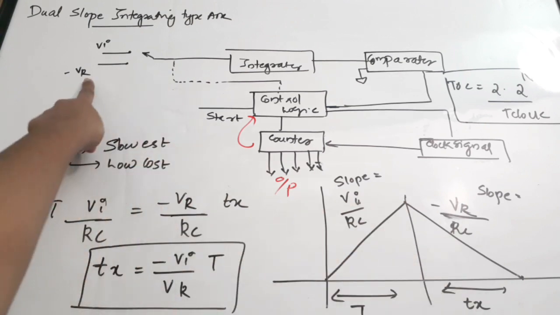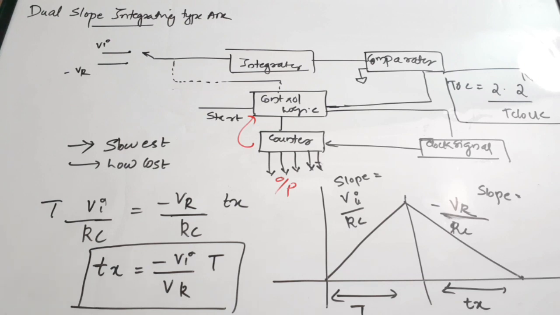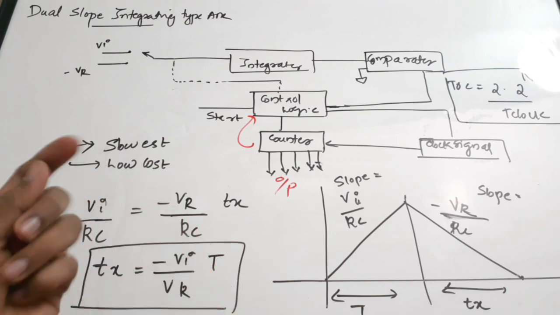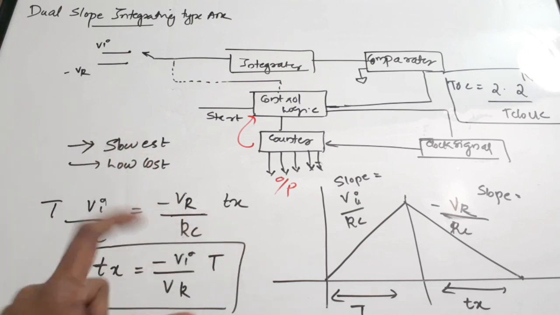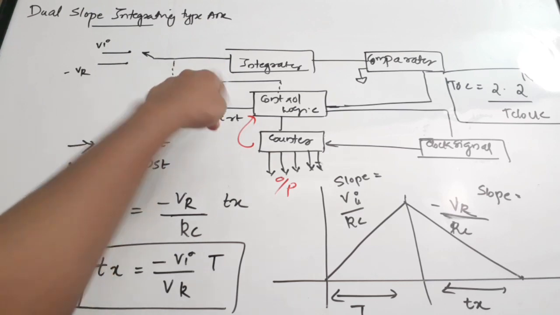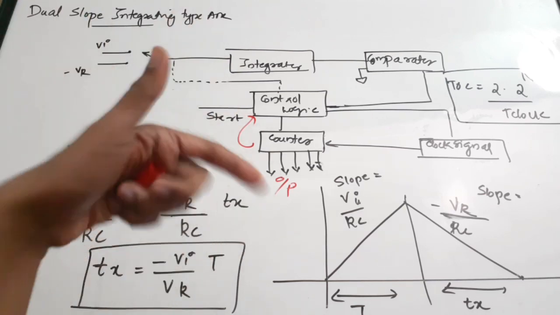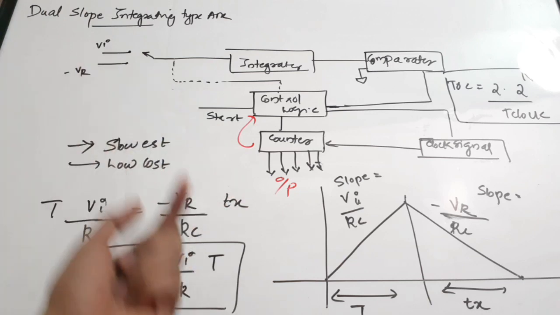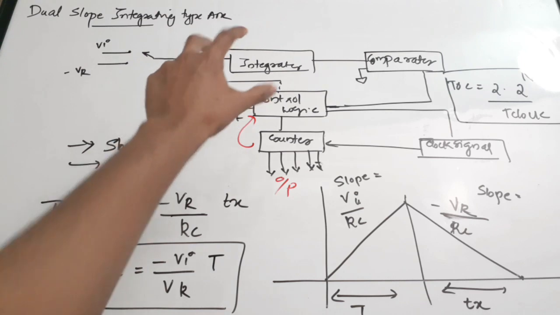You know that in an integrator there is a capacitor. So the capacitor gets charged and discharged. When it is connected to minus Vr, discharging actually happens in the capacitor present in the integrator unit. So the charge will get removed and make the charge of the capacitor equal to 0.